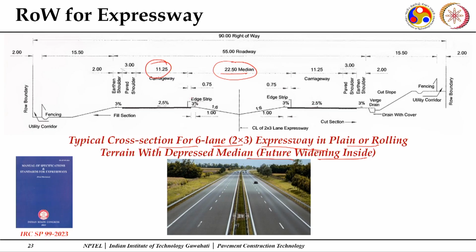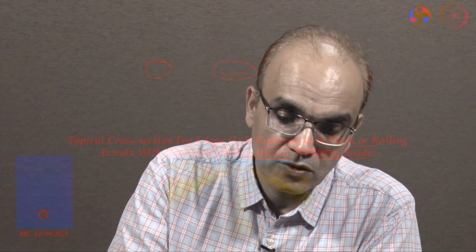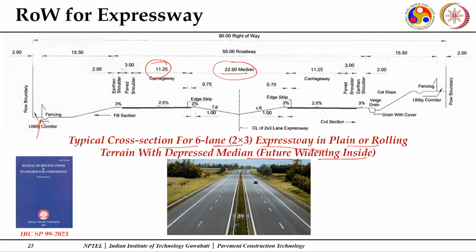So, you have the median, and the edge strip is mentioned here. This is your side slopes. Expressways, as we discussed in the first lecture, have controlled access, with access control through traffic. Here you can see they even provide fencing, so that animals cannot enter onto your carriageways.